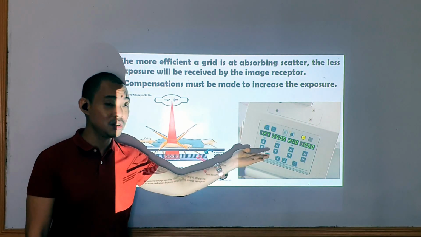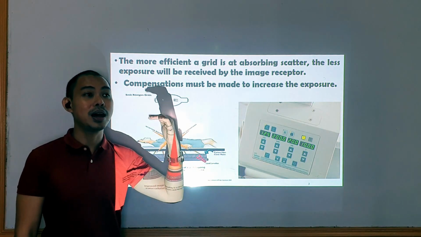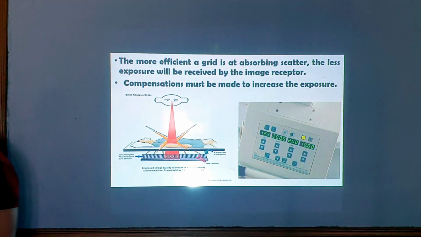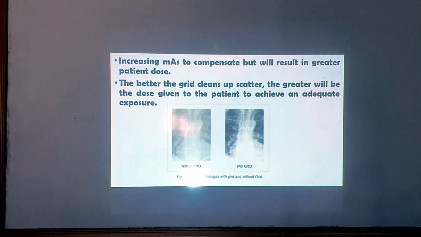Or do you think you need to increase your mAs to compensate for the decrease of the exposure of your image receptor because of the use of the grid? What do you think, guys? Do you think you need it more penetrating, or do you think you need to increase the amount of X-rays created? It's mAs. So you need to increase your mAs to compensate.